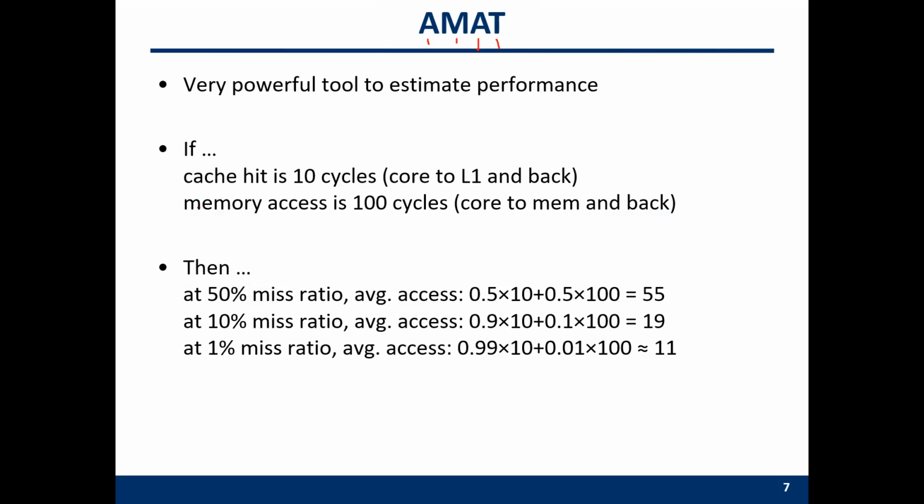So assume that a cache hit is 10 cycles and a memory access is 100 cycles. If the miss ratio is 50%, then the average access latency can be calculated like this. Half of the accesses will get a hit, but the other half will get a memory access.